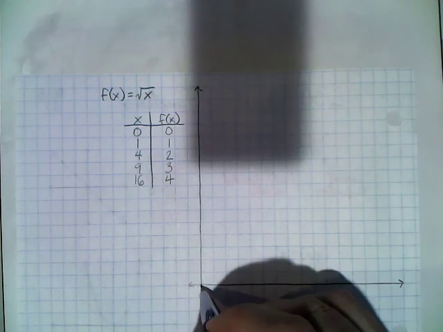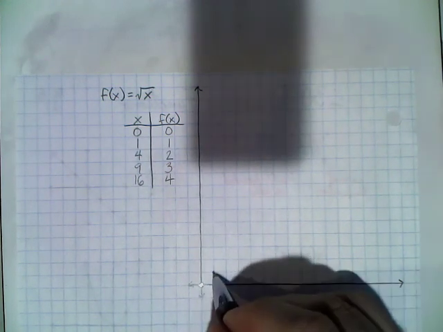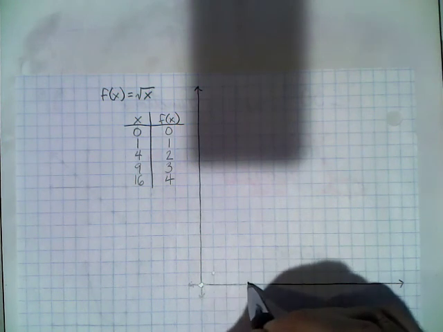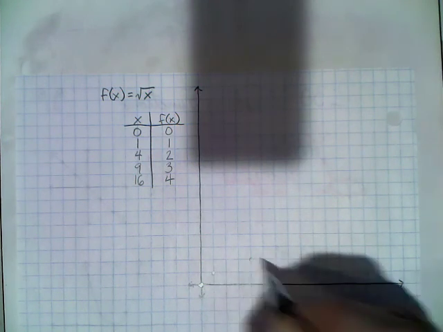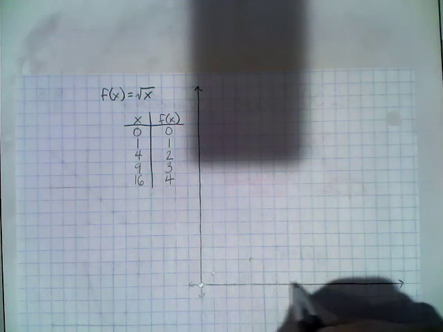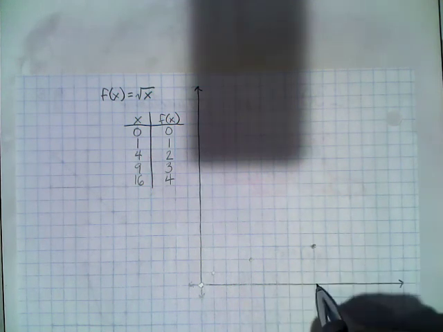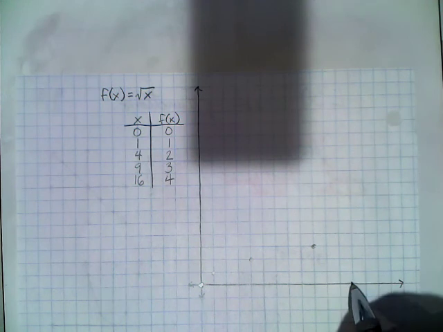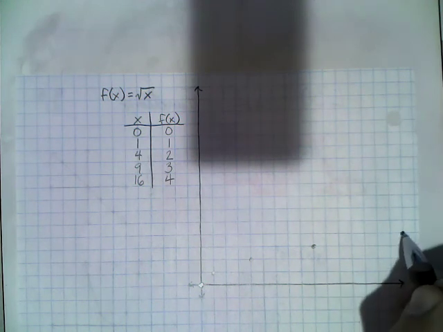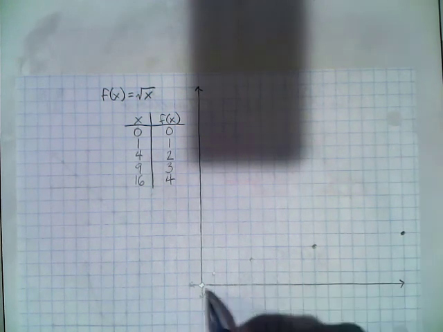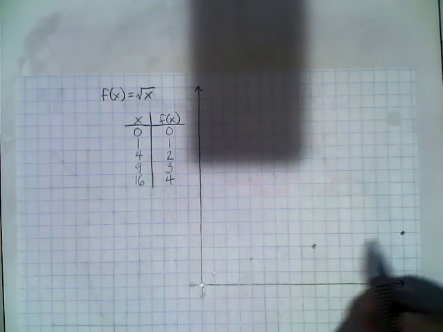Plot my points. 0, 0, 1, 1, 4, 2, and then 6, 8, 9, 3, and then just to double check, 10, 12, 14, 16, yep, 4.